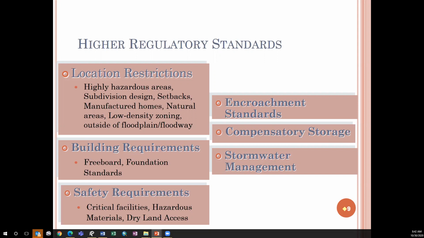Again, on the CRS front, there's new regulations coming out that if you want to be a Class 8 community or higher, you have to adopt a 1-foot minimum freeboard for all new or substantially improved residential construction.